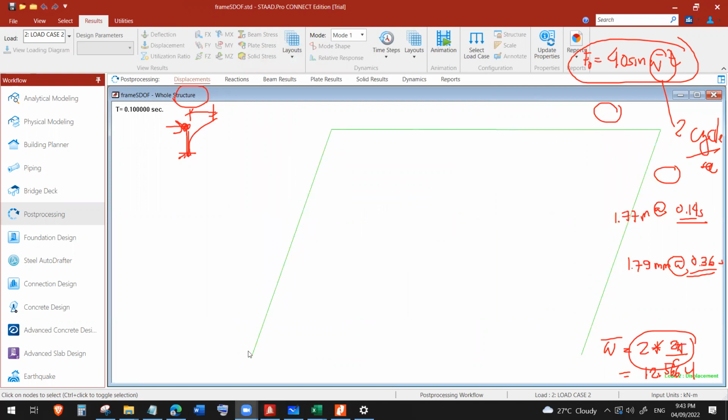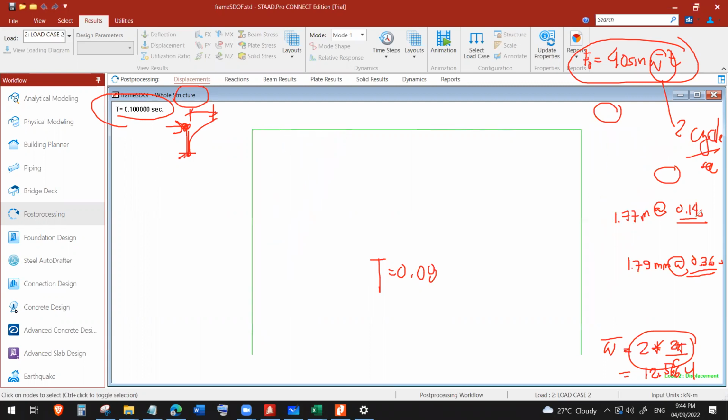Okay, so this is the actual time history response of this 0.08 second structure. At time 0.10, now remember, since our peak is 0.14, let's try to adjust that.